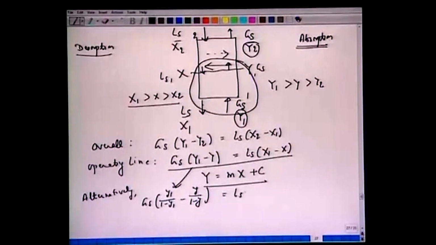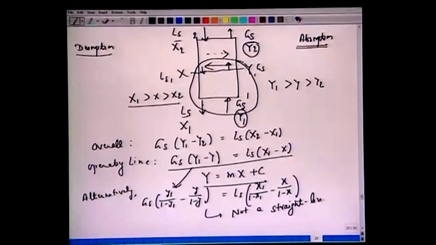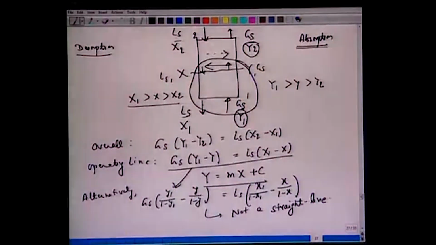We have LS times X1 over 1 minus X1 minus X over 1 minus X here, but we make a note, it's not a straight line here.